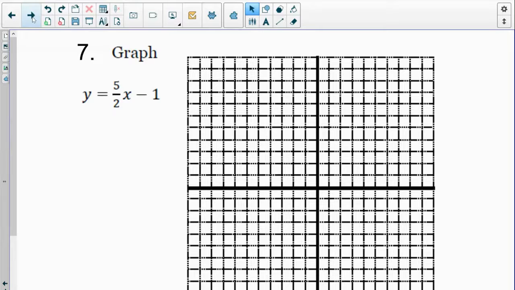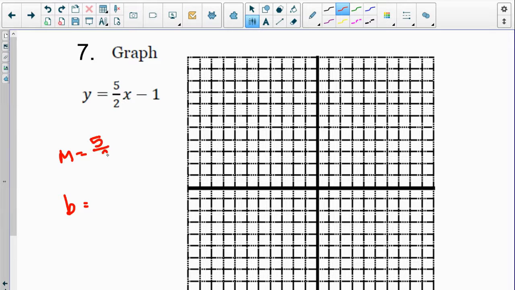All right, and last we have some examples. So graph y equals 5 halves x minus 1. So the first thing we want to do is identify what is the value of the slope. So slope is m. And what is the value of the y-intercept, or b, in the equation. So as we look at this, we remember from before that m, or slope, is the number that's multiplied by the x, or the number right in front of the x.